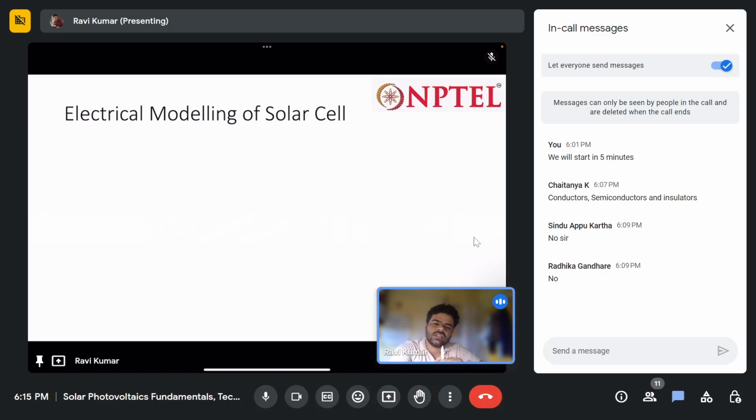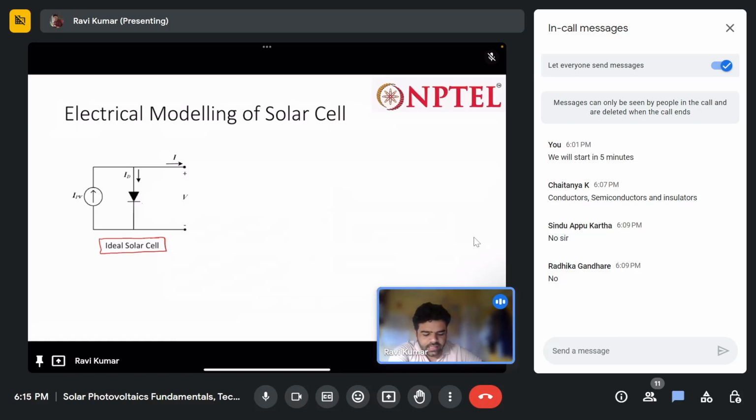So what is a solar cell? Ideally, a solar cell is just a diode which is generating some current. Therefore, ideally, we represent a solar cell with a diode and a current source. This is the ideal solar cell model.